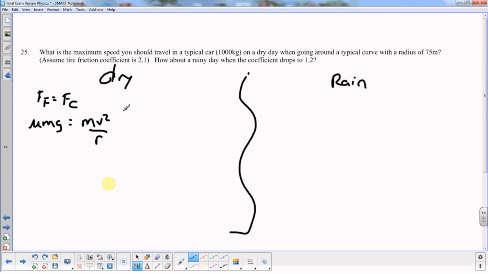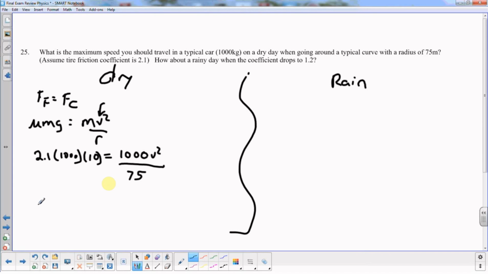And we're solving for the maximum speed. So my μ on a dry day is 2.1 times 1,000 times 10. Where does that equal? 1,000 v squared over 75.